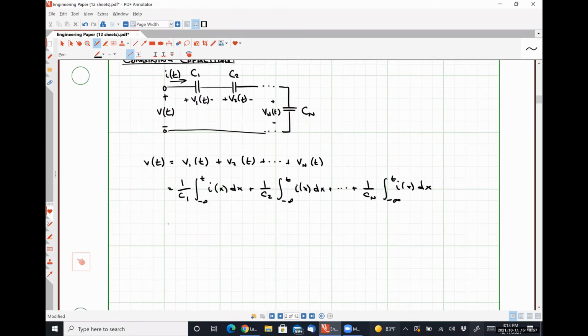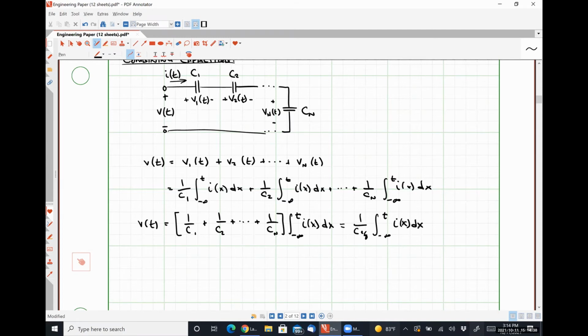And then I can say that my voltage V of t is 1 over C1 plus 1 over C2 plus 1 over C sub n times the integral from negative infinity to t of I of x dx, which is equal to 1 over the equivalent capacitance times the integral from negative infinity to t of I of x dx.